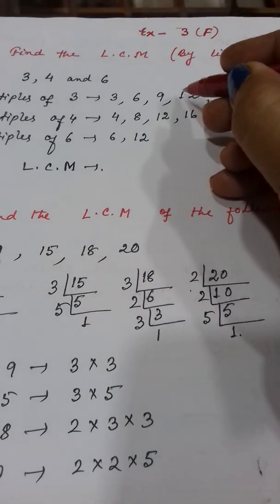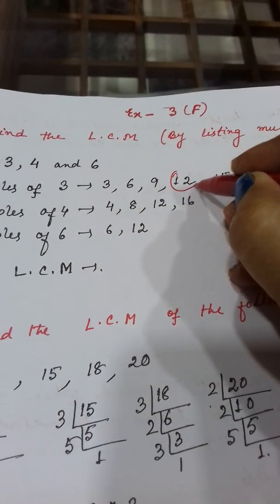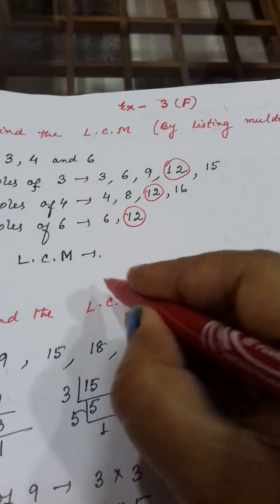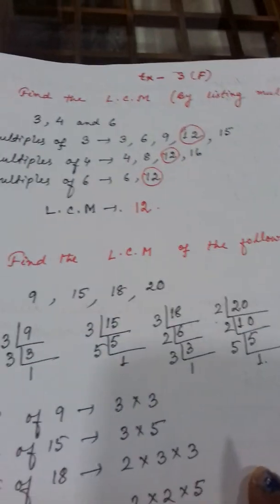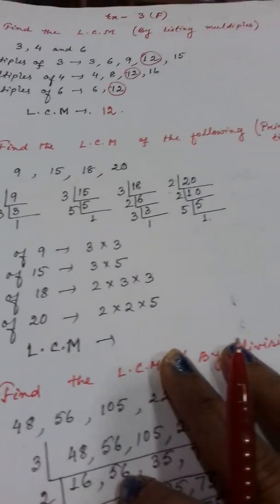That means this 12 is the common multiple, so your LCM will be 12. Clear students? Understood?